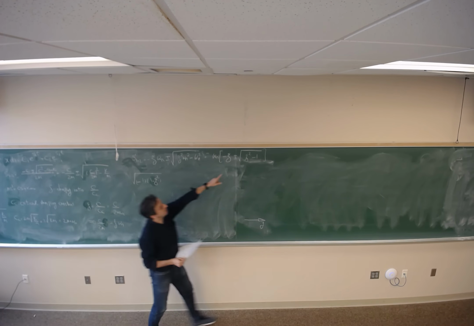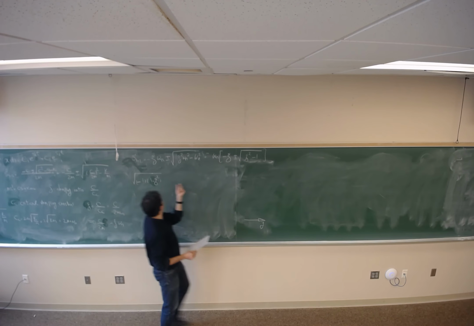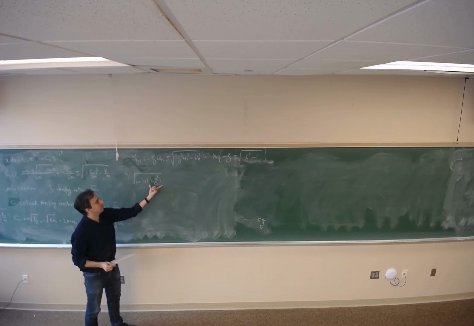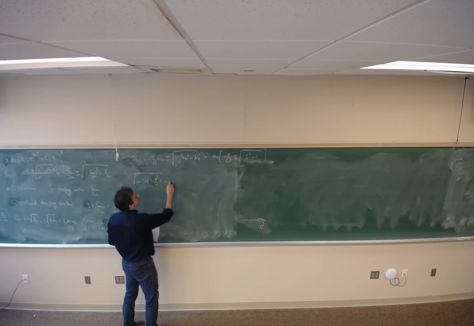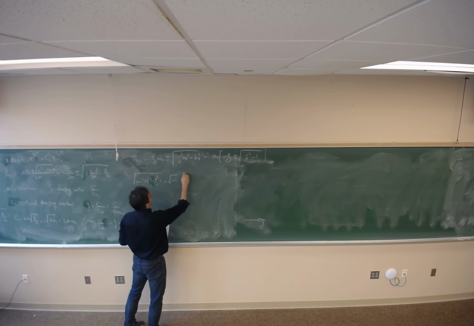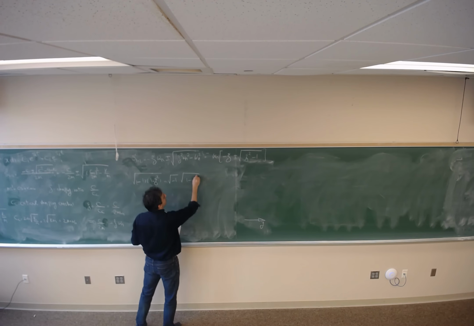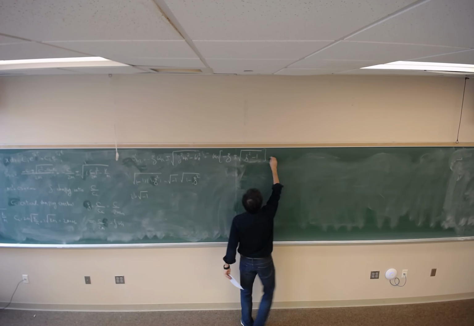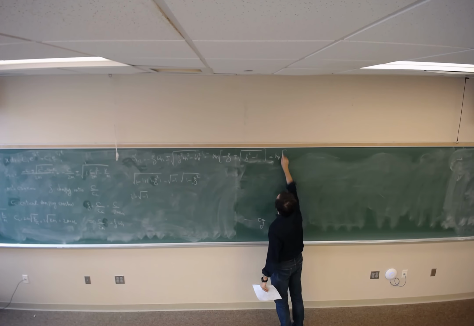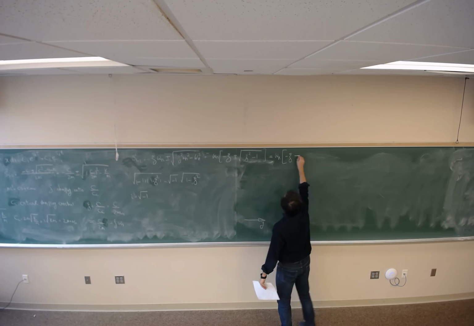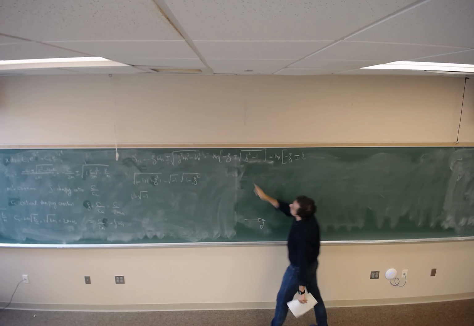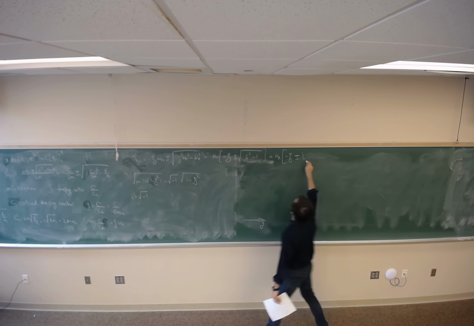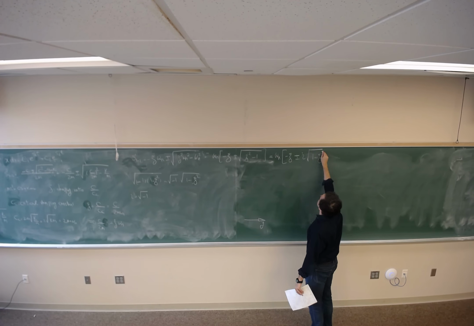So this inside the square root can be written as negative 1 times 1 minus zeta squared, or square root of negative 1 times 1 minus zeta squared. And we know that i is going to be square root of negative 1. So I can replace this by omega n times negative zeta plus and minus i times the square root of 1 minus zeta squared.